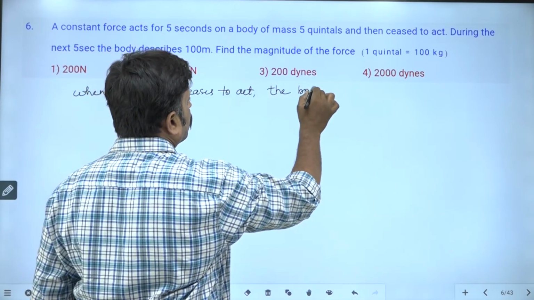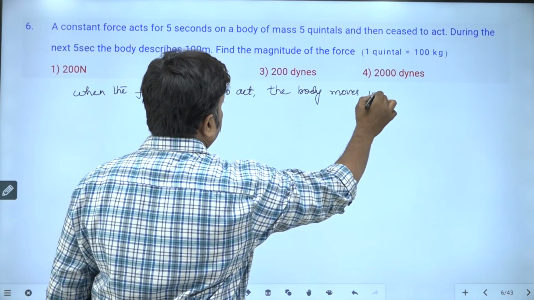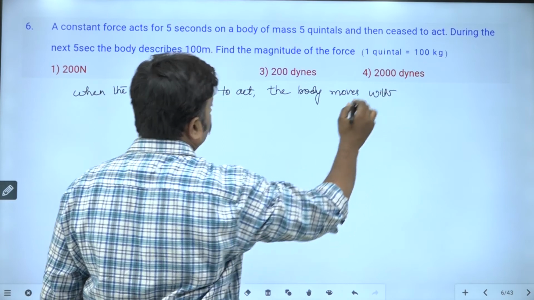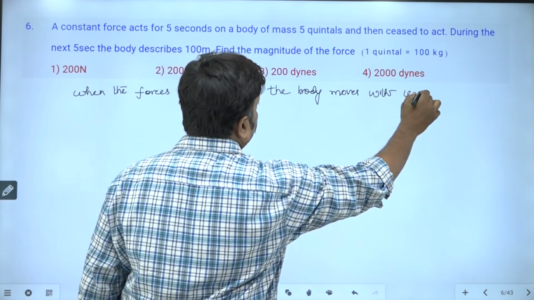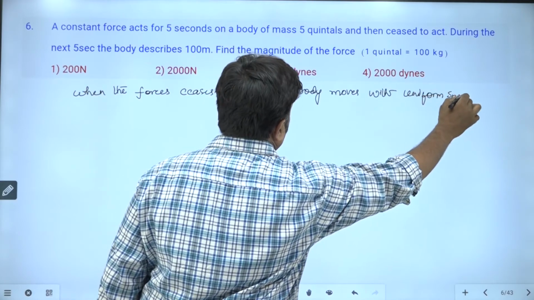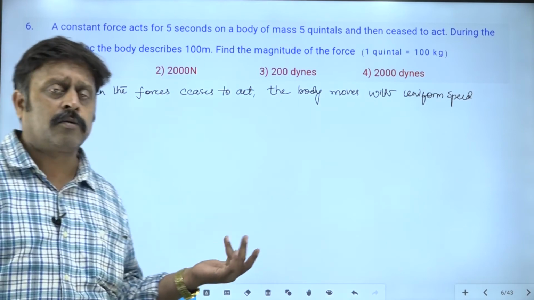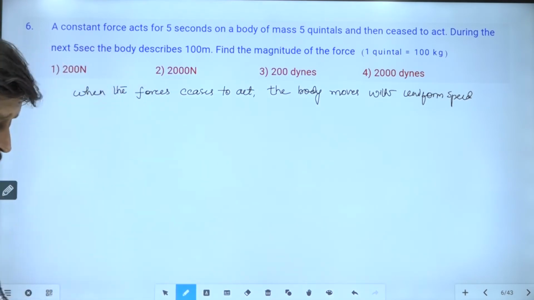The body moves with uniform speed. When no force is acting, the body moves with uniform speed.